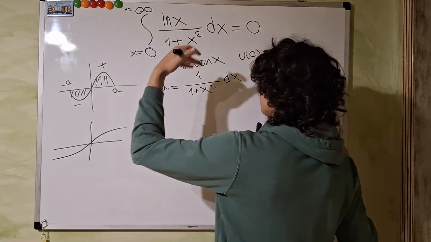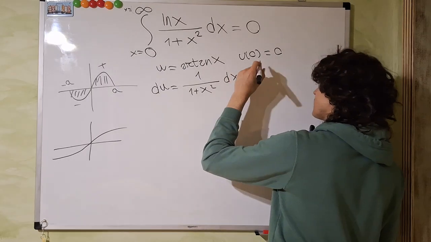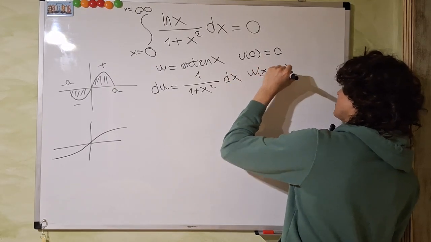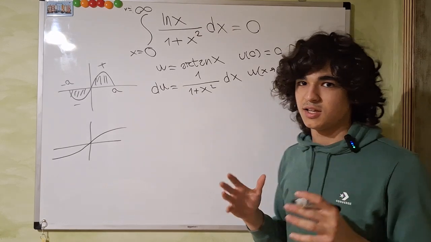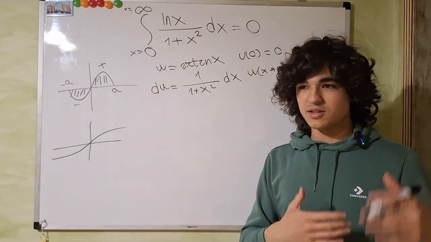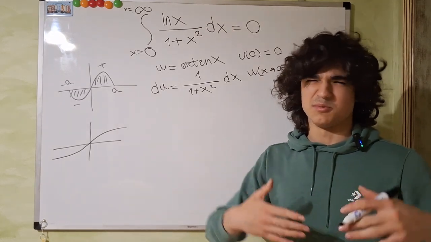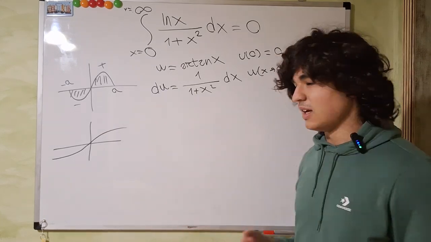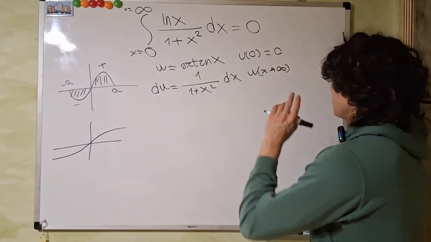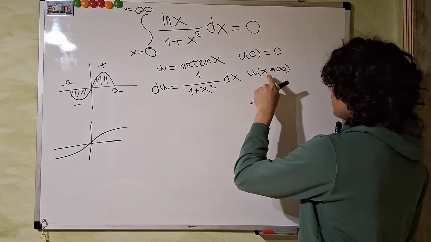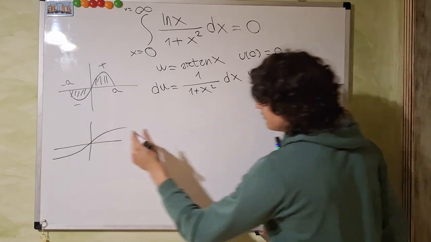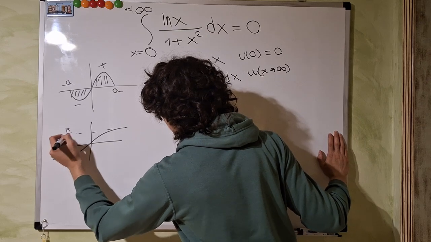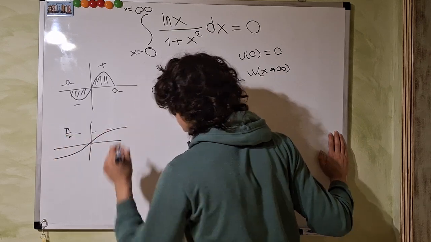But as x goes to infinity, let's write it in the following way. As x approaches infinity, we're actually working with limits, but I don't want to write the limit as x goes to infinity because it's annoying. So we're writing it in this way. As x approaches infinity, the arctangent of x really approaches a finite value that is pi over 2.